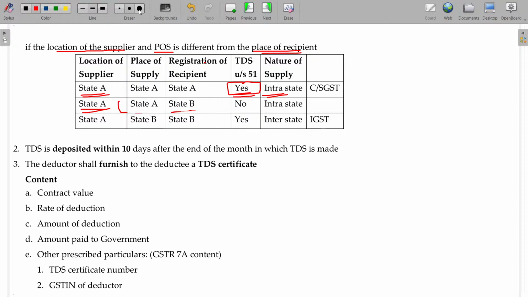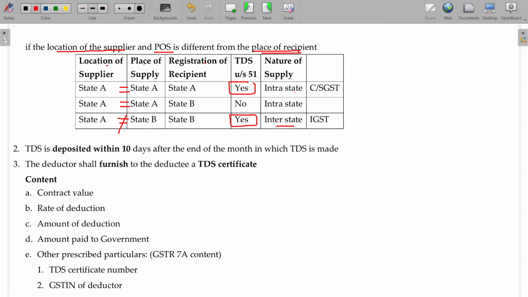Now, how do you decide whether it is interstate or intrastate? If location of supplier and place of supply are both the same, then intrastate. If these two are not the same, then it is called interstate. For interstate sale, TDS is applicable. For intrastate sale, TDS is also applicable.